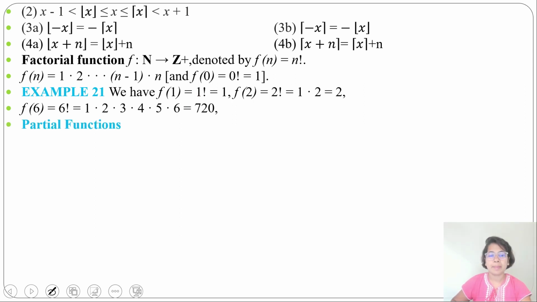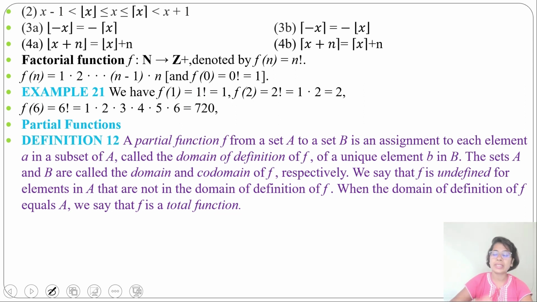Next is partial function. You just go through this definition. Partial function means for all the domain, images are not available. So we cannot find the function for all. That's called a partial function. We say that f is undefined for elements of A that are not in the domain of definition of f.